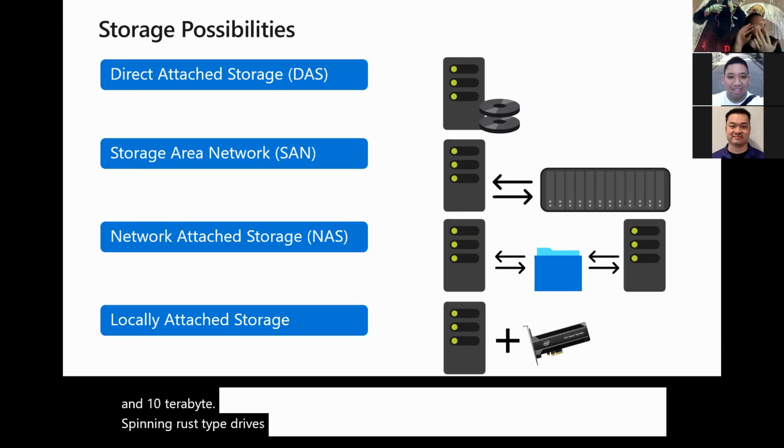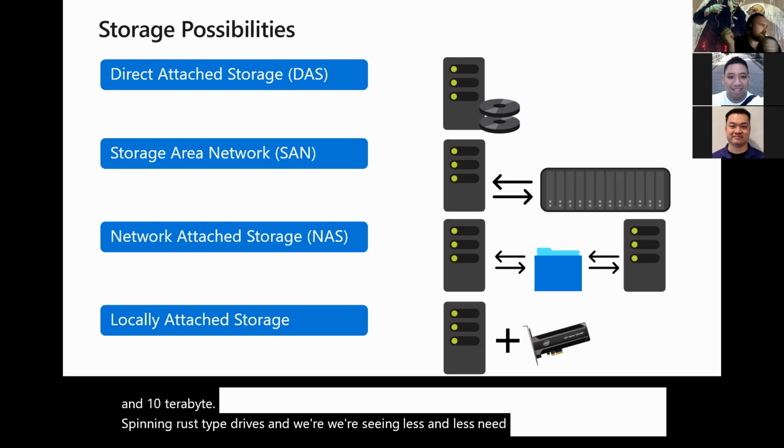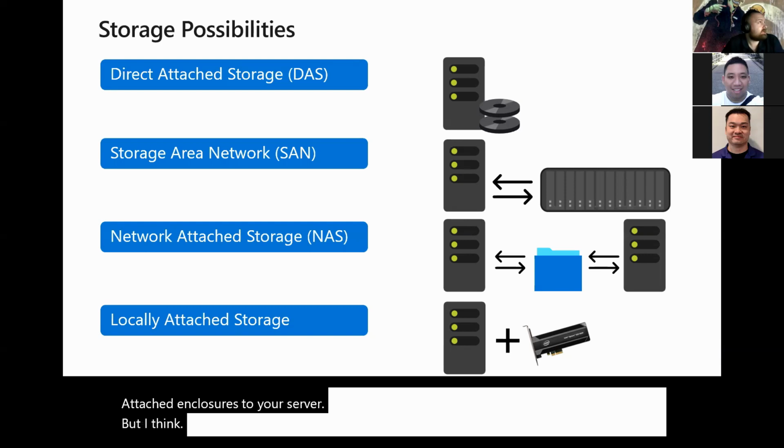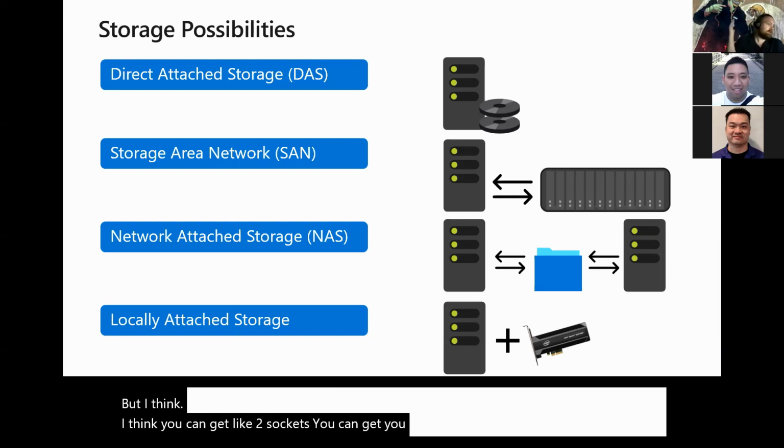We're seeing less and less need for attached enclosures to your server, but I think you can get like 2 sockets. You can get close to a petabyte of raw storage.